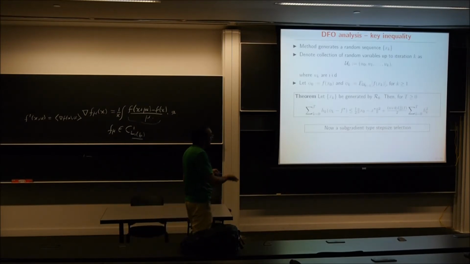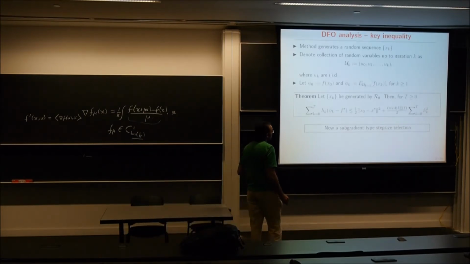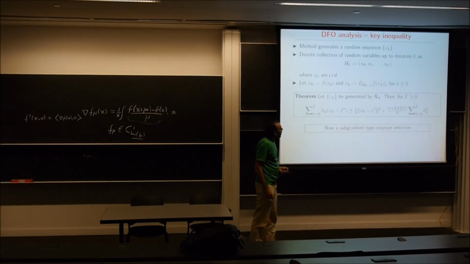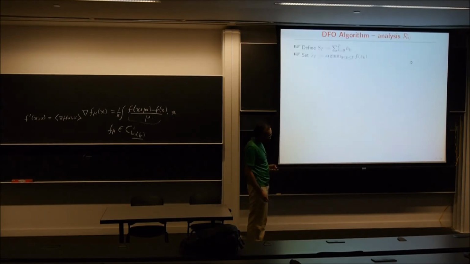So you count the total amount of progress. You bound it in terms of step sizes. And now you just have to select a good value of the step sizes to see what is the overall progress.